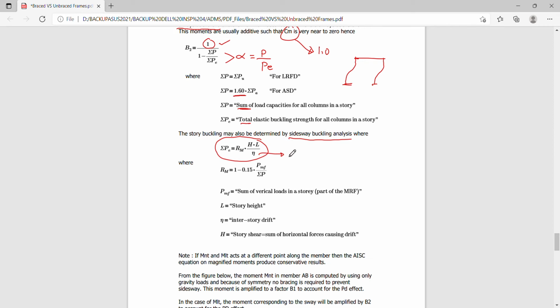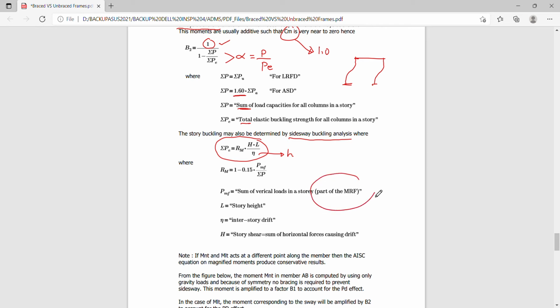This is 1 minus 0.15 of Pmf, where Pmf is the sum of the vertical loads in the story, which is a part of the MRF.